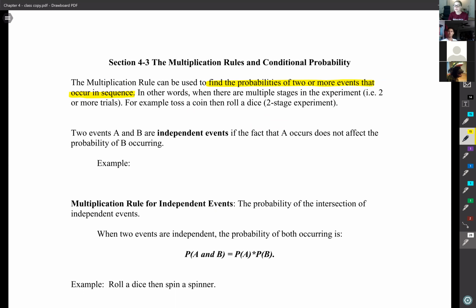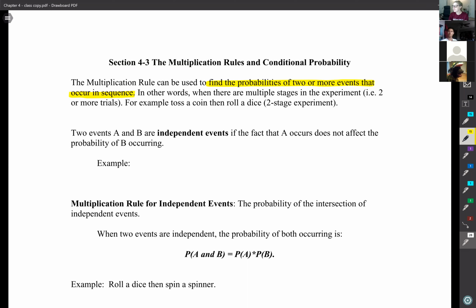Like with drawing a card from a deck, what's the probability of getting an ace and a card that's a heart? Those are two events that can happen at the same time, whereas with multiplication rules, we're talking about events occurring in sequence. So a little different here.